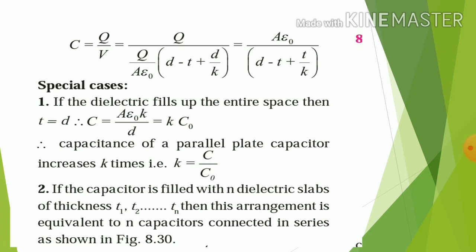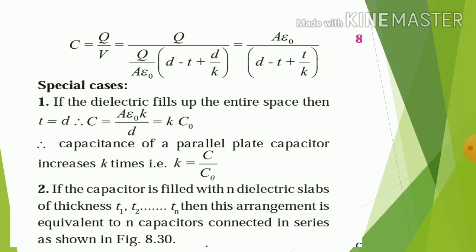It is the relation between the capacity of a parallel plate condenser filled with a thin dielectric slab or thin dielectric material in between the two plates, and the capacitance of the parallel plate condenser in the absence of the dielectric slab, that is C0.